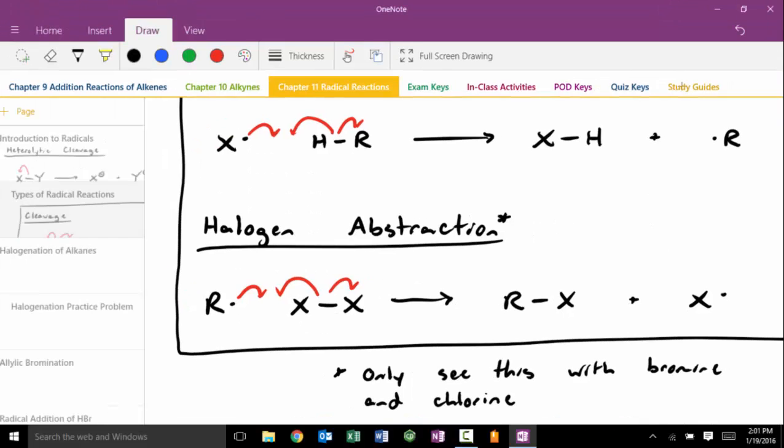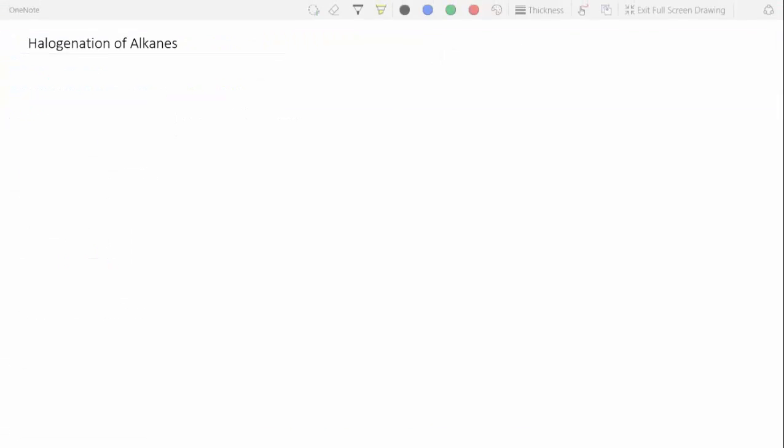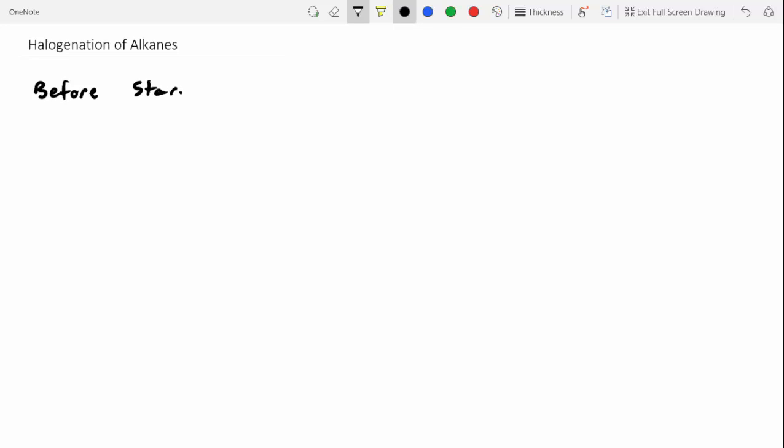All right, so let's go talk about halogenation of alkanes, which is the meat of this chapter. And I'll show you guys one trick. Before starting, you need to identify which proton would result in the most stable radical if removed.